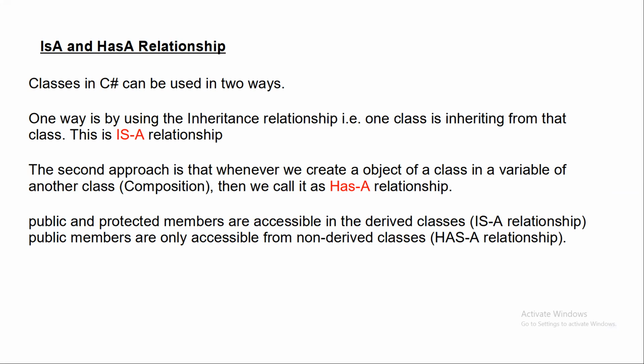The public methods and protected members will be automatically imported in the derived class. But if it is a has-a relationship, only the public members are accessible in the child class. Basically, we should not say child because we are not directly inheriting, but the class where you are using that previous class. Clear? Any questions? Is-a or has-a? It's one of the interview questions.